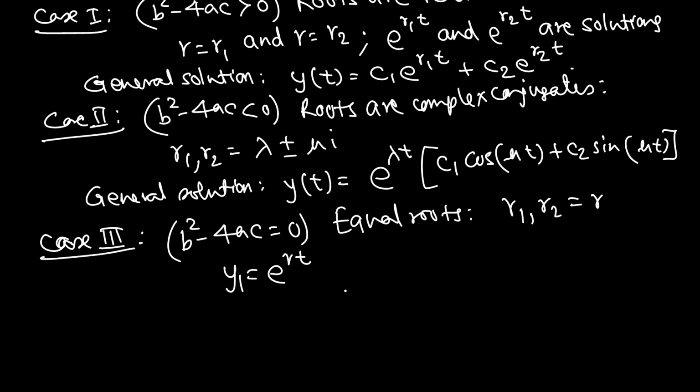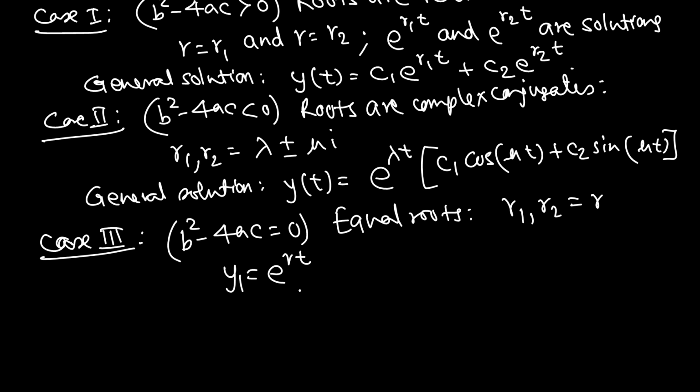We cannot have two solutions, and that's the problem, because it's a second order ODE. We must have two solutions, and they must be linearly independent. When we have one solution, we can multiply by any constant, and that will also be a solution, but that is not linearly independent.